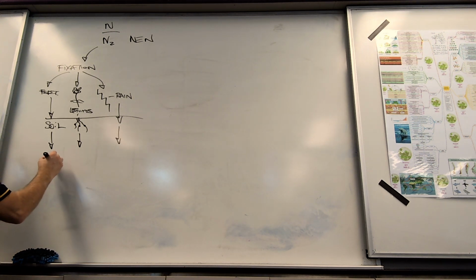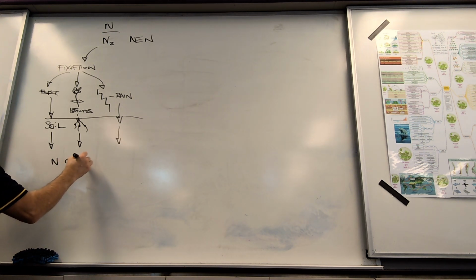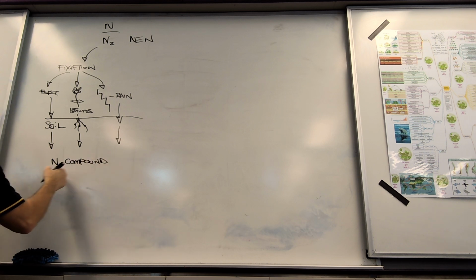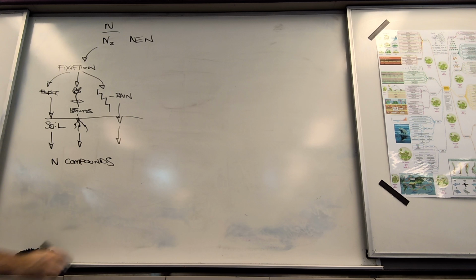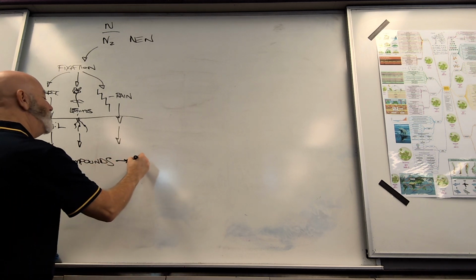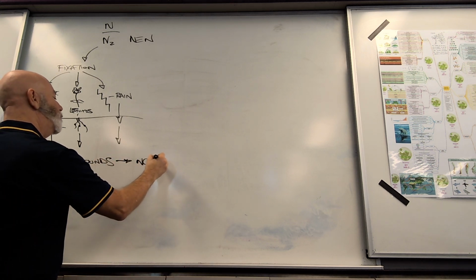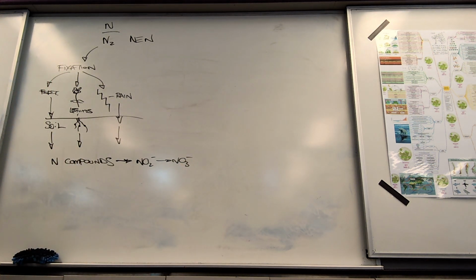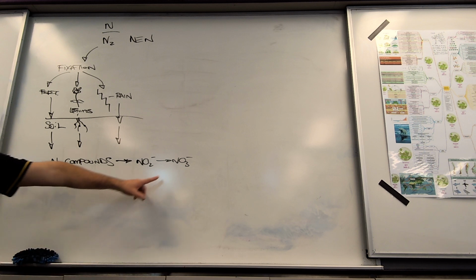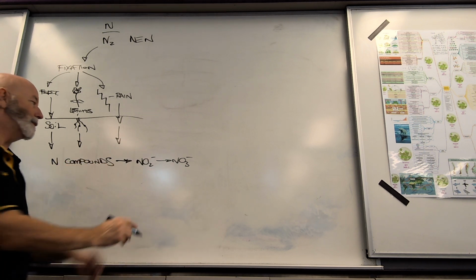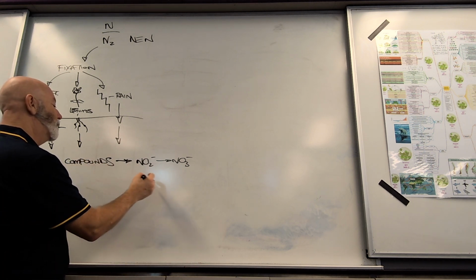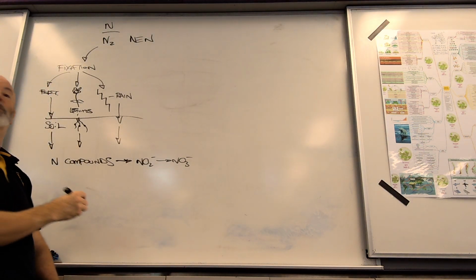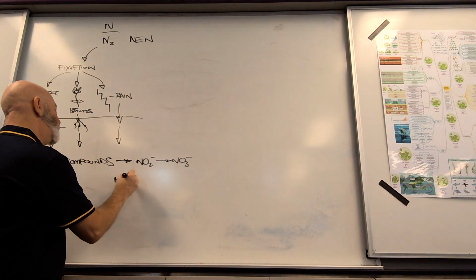So now here we've got N compounds, nitrogen compounds. Any nitrogenous compound can become NO2 and then NO3. What do you call NO2? Nitrite. And NO3 minus? Nitrate. The bacteria that do this are called nitrifying bacteria.